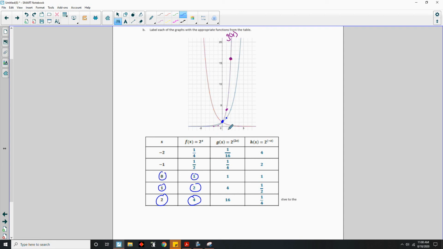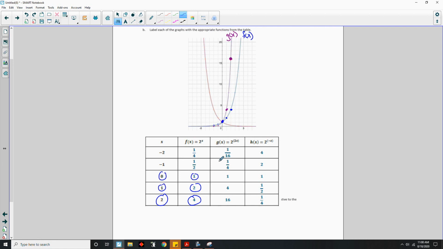That's right here. (1, 4) is here. (2, 4) is there. I marked that wrong. That's (2, 4). And (-1, 1/2) is right here. And (-2, 1/4) is right here. So this is f of x.